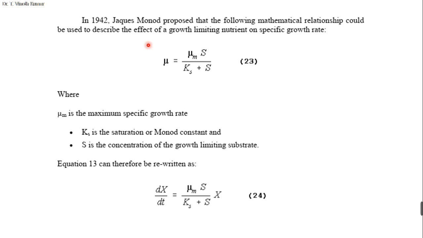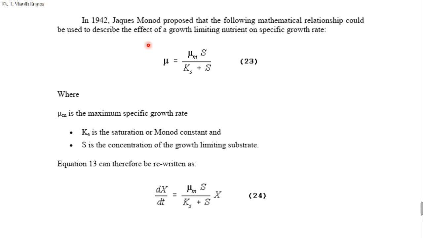In 1942, the majority of scientists were working on enzyme kinetics, and these three scientists, Michaelis, Menten and Monod, were all working on enzyme kinetics. The same approach they applied to the production also, using the fermentation process.